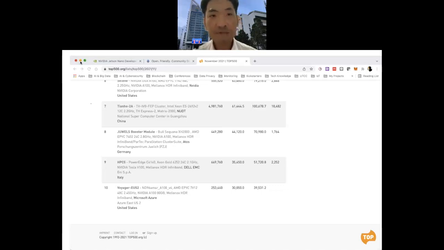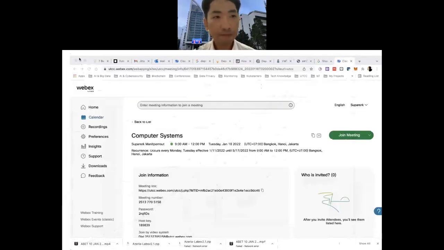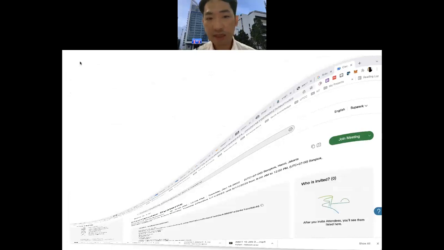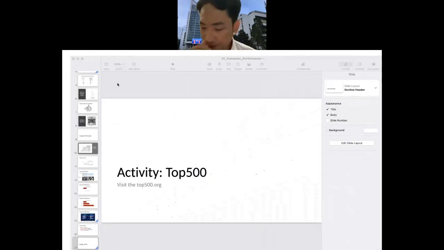But nowadays, 256 gigabytes of RAM, you can easily find on the market. It looks like a commodity now. For example, the machine that I'm using at the back of my desk has 128 gigabytes of RAM. But I cannot say that it is a supercomputer. It's just a normal desktop computer.